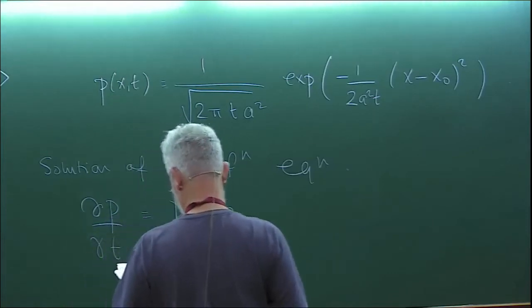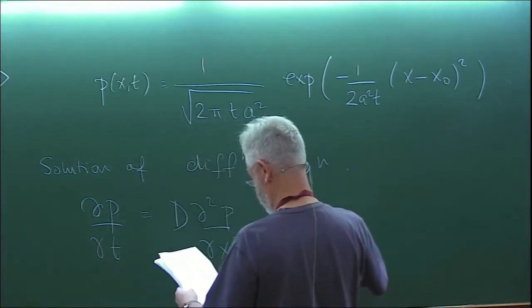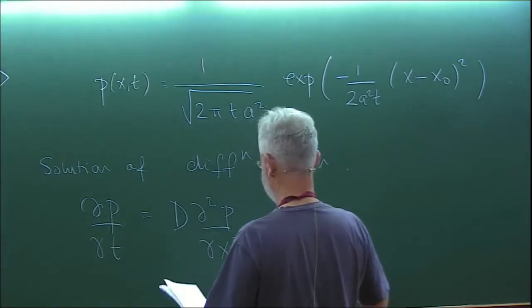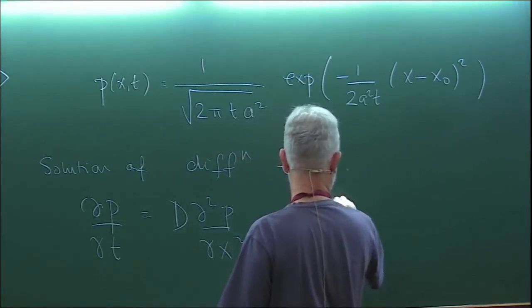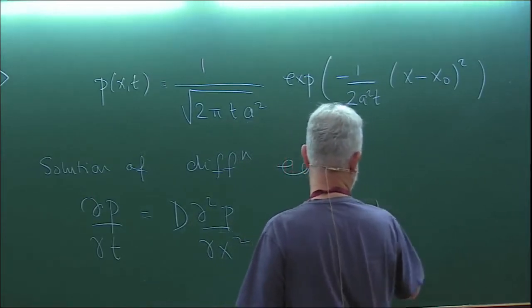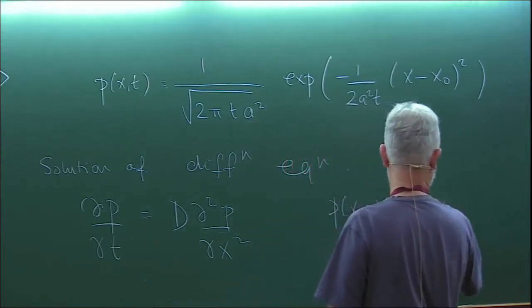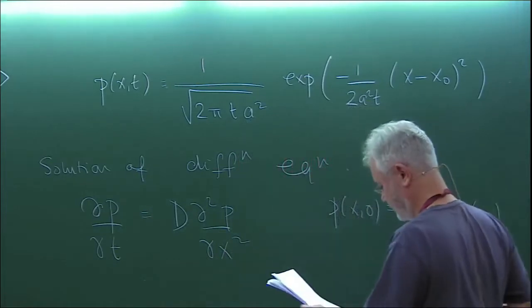The initial condition is p of x at 0, which means I start off at the point x0.